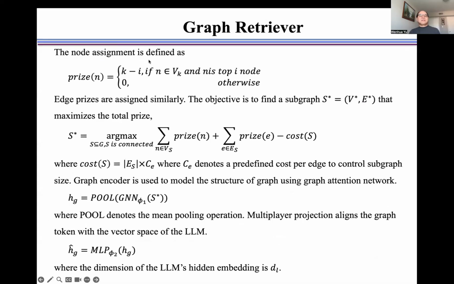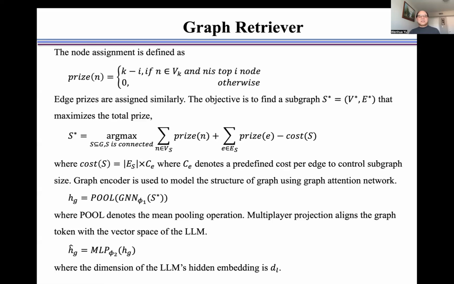The node prize assignment is defined as here. Edge prizes are assigned similarly. The objective is to find a subgraph S star that maximizes the total prize, which is defined as here, where cost S is defined by ES and CE, where CE denotes a predefined cost per edge to control subgraph size.